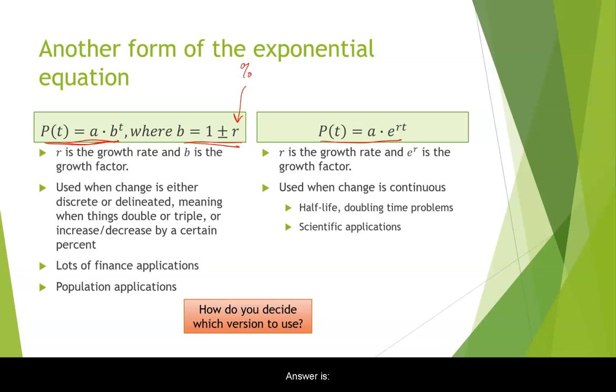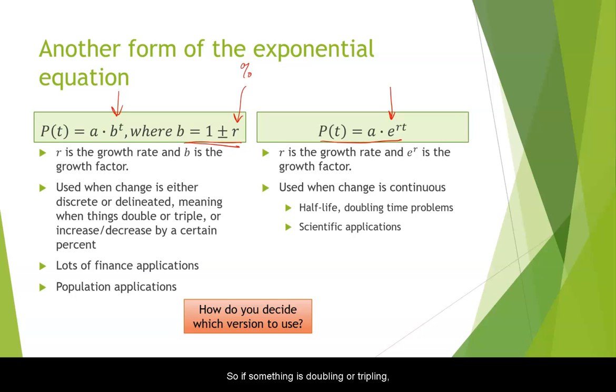And the answer is, looking at the differences between these forms, the primary difference is the growth factor, the rate of growth. And so you should use probably this a times b to the t if the change is either discrete or delineated.